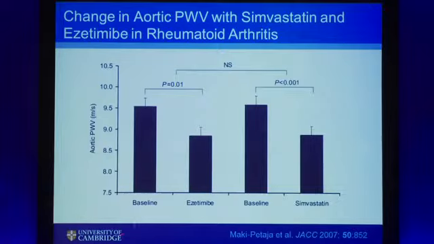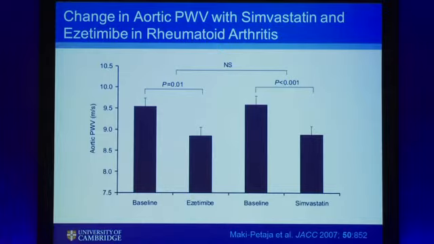But bearing in mind things I've been taught by John and David, I thought it was appropriate to have a control in this and to actually work out whether this was a true pleiotropic effect or was nothing to do with that and was simply a reduction in cholesterol. So we used this drug, ezetimibe, which is a non-statin cholesterol-lowering drug. And basically what we found is that both simvastatin and ezetimibe reduced pulse wave velocity to a similar degree.